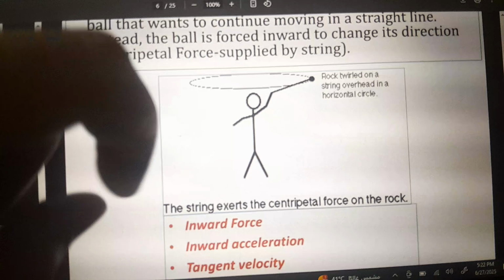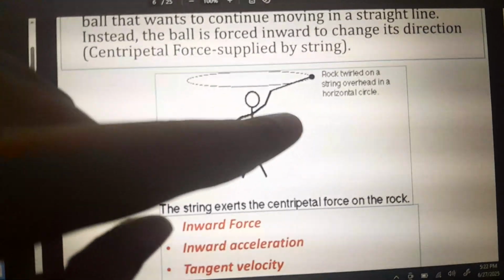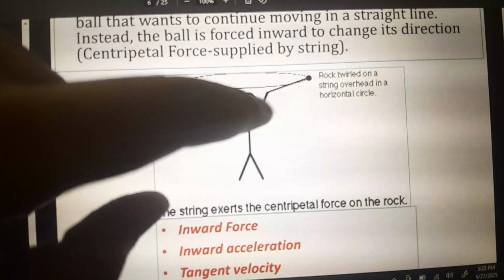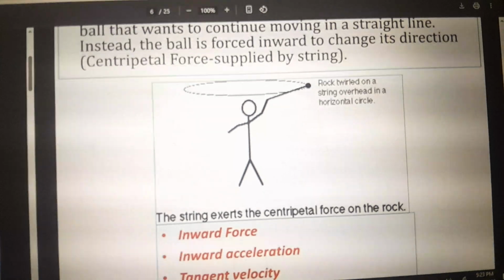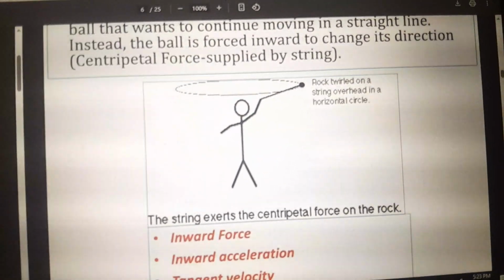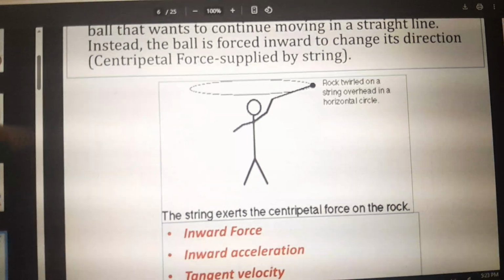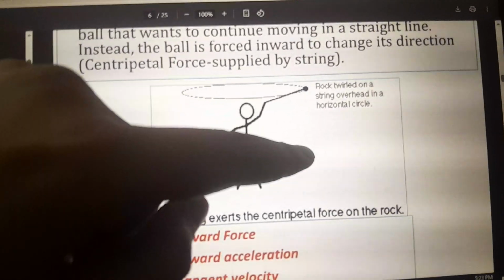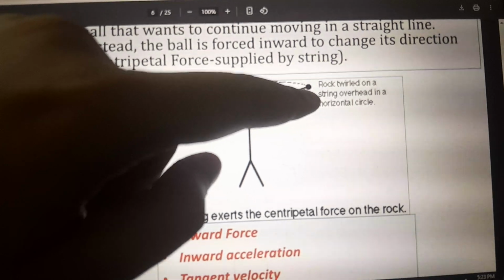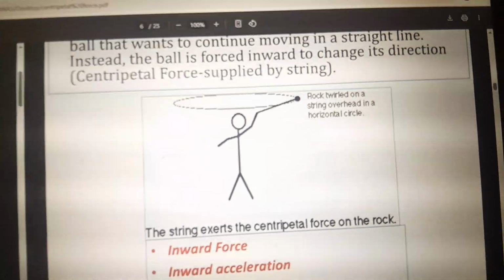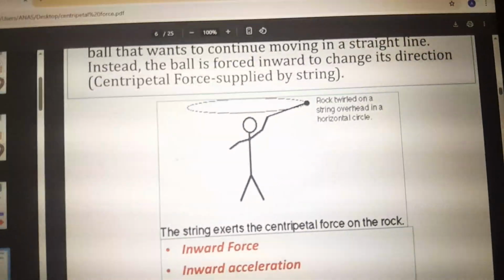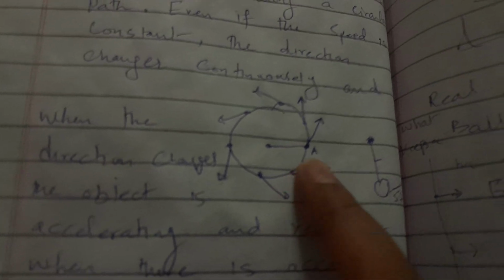This force comes from the hand, and the tension in the string provides the force which keeps the stone moving in a circular path. What happens if the string breaks at that point? The stone moves along the tangent. So its direction is changing at every point, as in this diagram that I drew here.